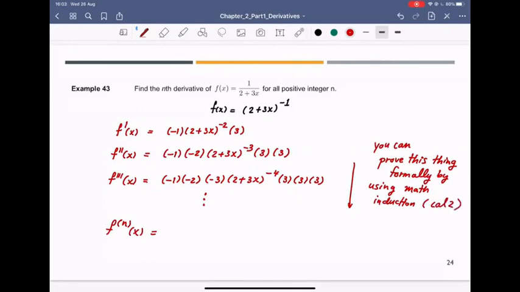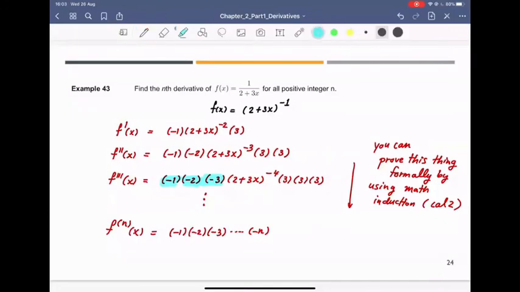But this semester, we want you to guess the answer first. What is the n-th order derivative of f? So look at the pattern. You have negative 1 here, negative 2, and negative 3. If you differentiate up to the n-th order, you should get negative 1, negative 2, negative 3, up to negative n.